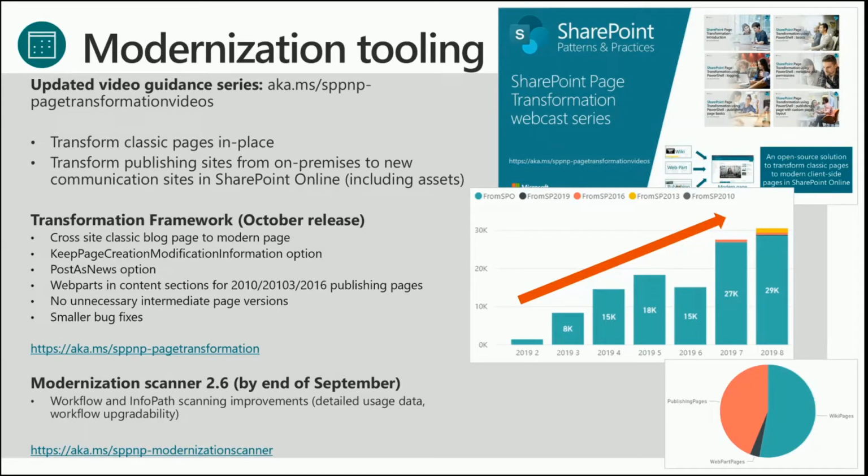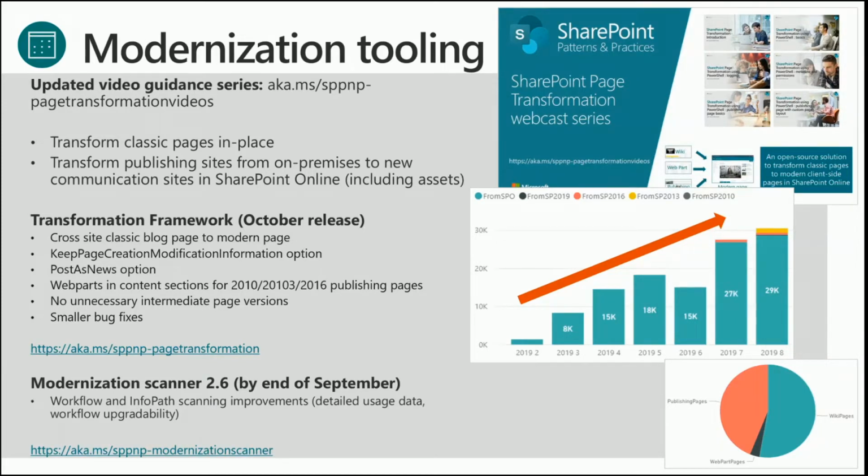Another option is to keep page creation modification information. Pretty long name, but essentially I think the name explains what it does. So when you take over a page from a source site, let's say your blog page, you will get the same author, editor, modified and created settings on your target page that the source page had.